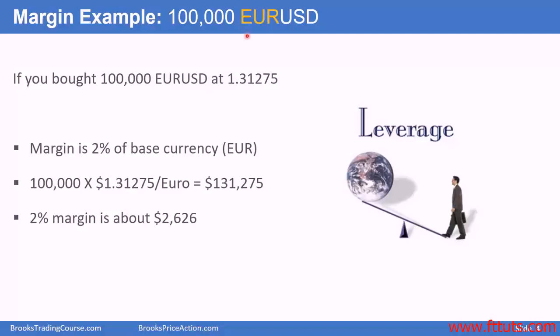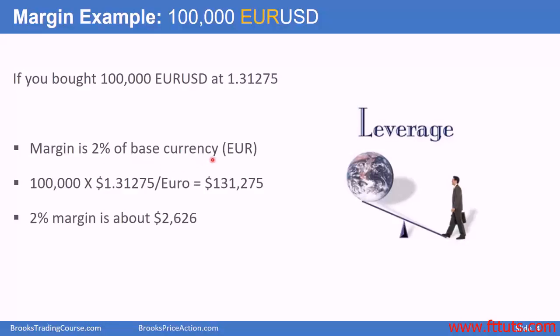Here's an example with the euro versus the dollar. Let's say you wanted to buy 100,000 units of the euro versus the dollar, and let's say your fill price was 1.31275. And let's say your broker currently is allowing you to trade with only a 2% margin.